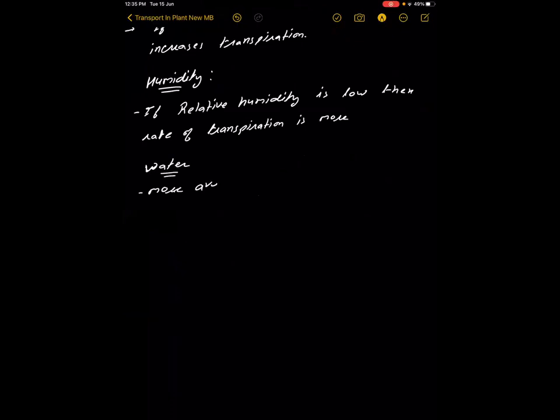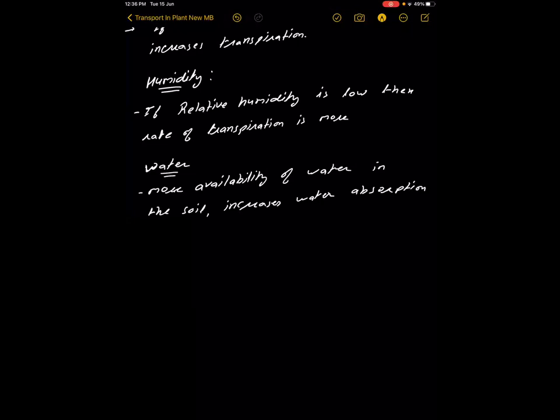More availability of water in the soil increases water absorption, and hence the rate of transpiration increases.